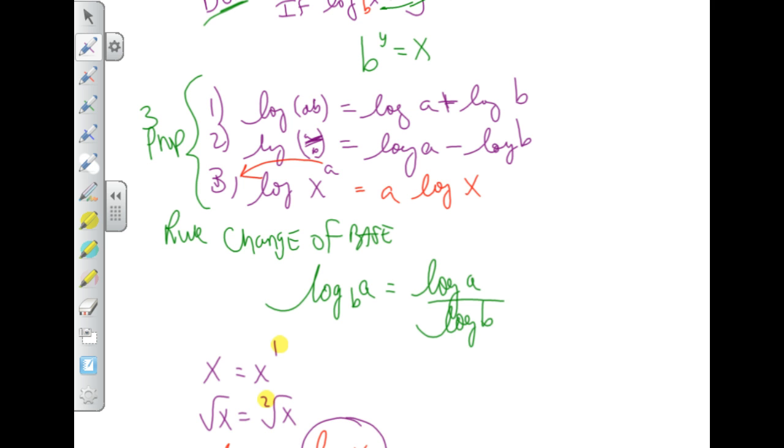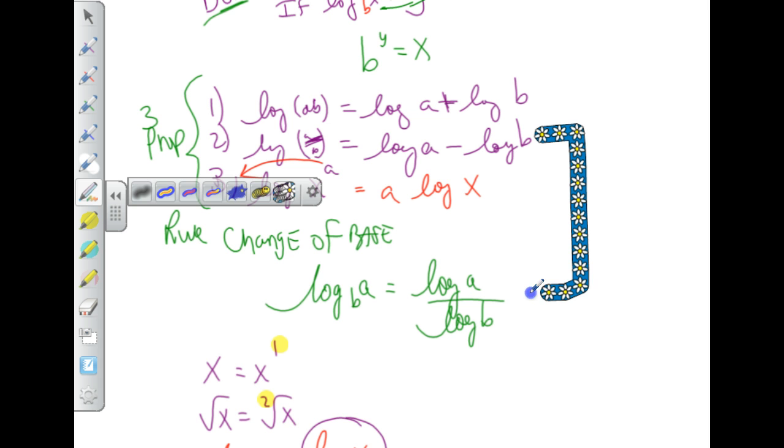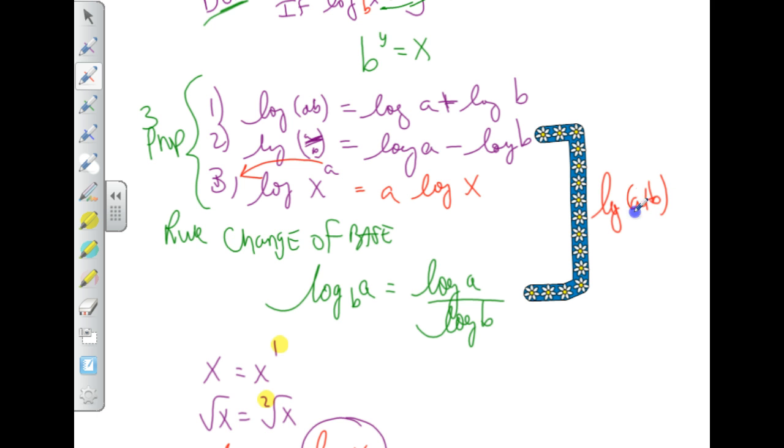So don't get the second property mixed up with the change of base. Many students have problems with these two. Be careful, the log of a plus b is nothing. You don't want to get that confused and say that that's the log of a plus the log of b. That's not true.